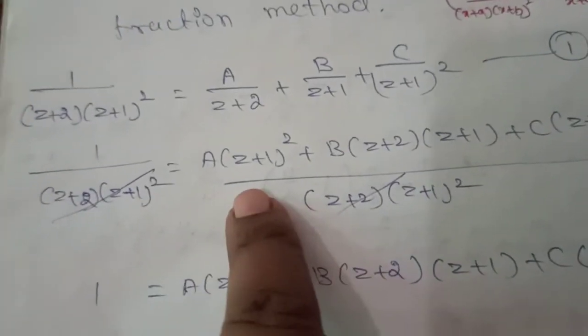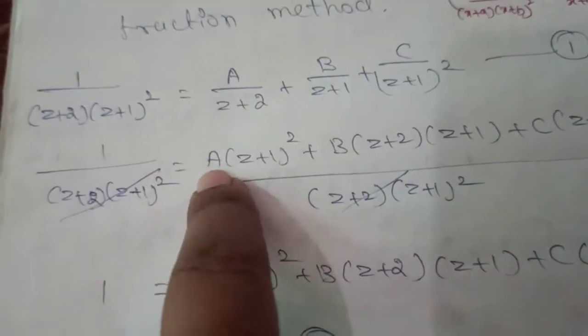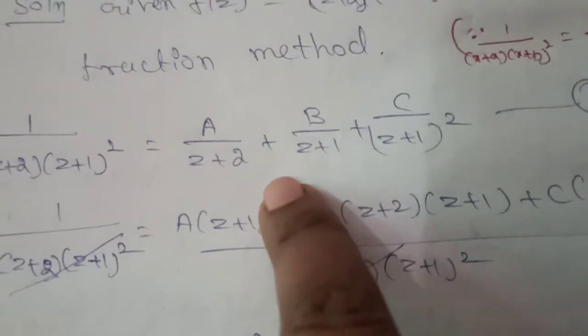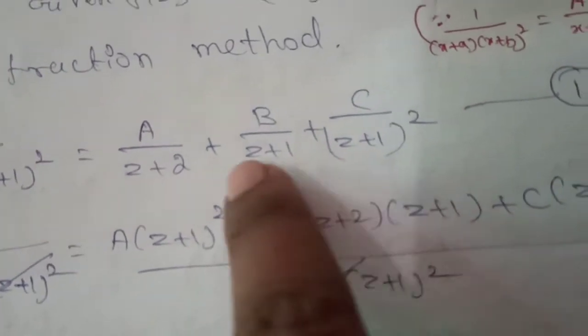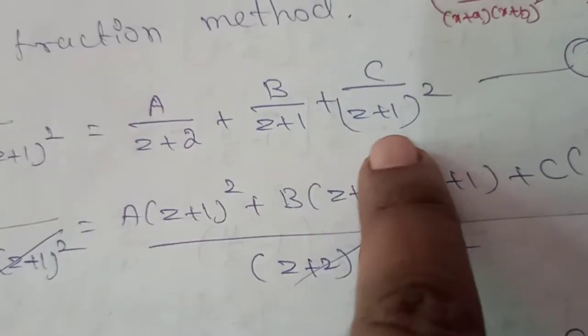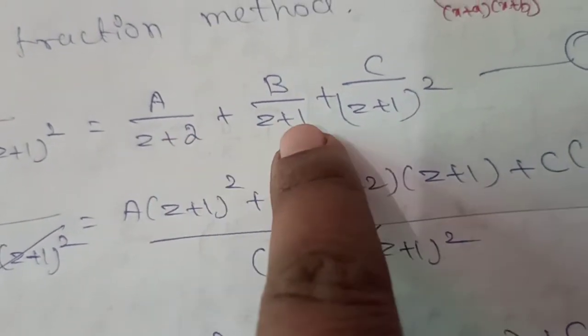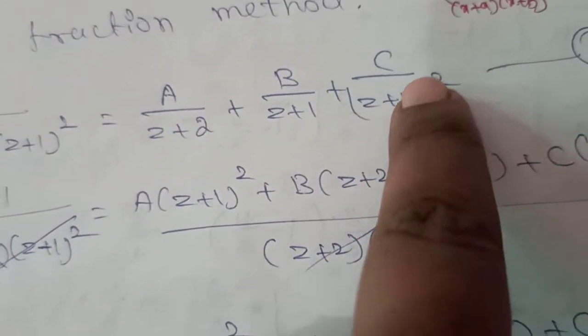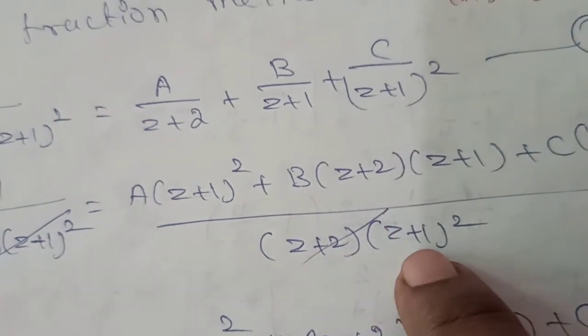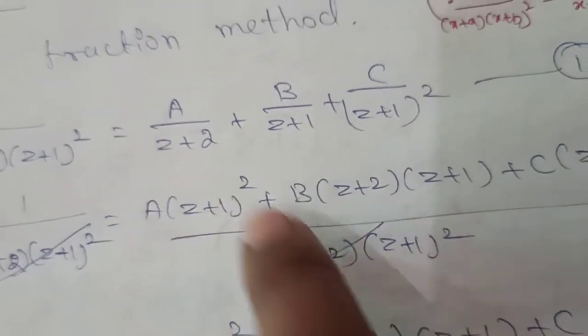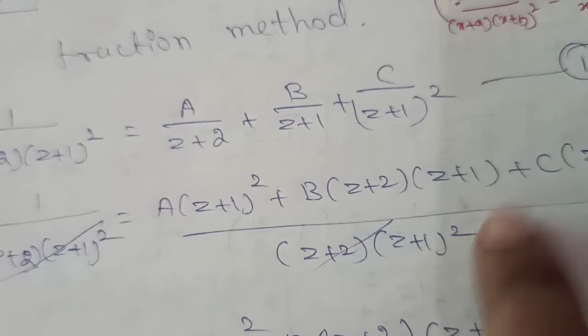Now taking the LCM, the denominator is the maximum: z+2 is a different factor and (z+1)^2 is the maximum, so we take (z+2)(z+1)^2.